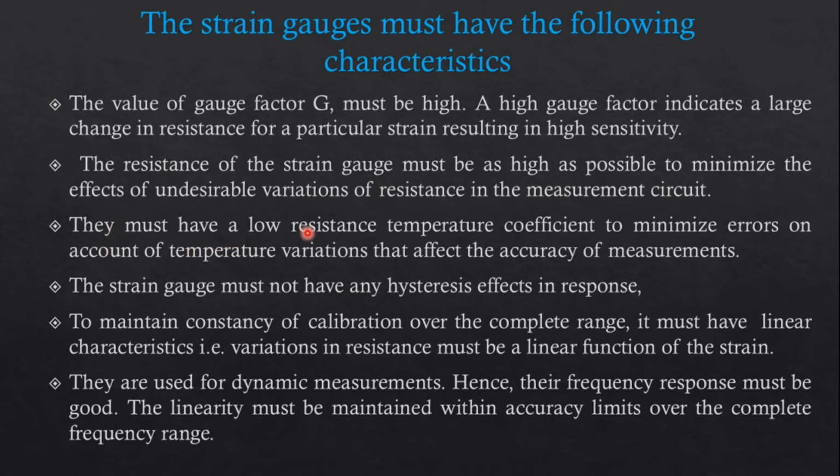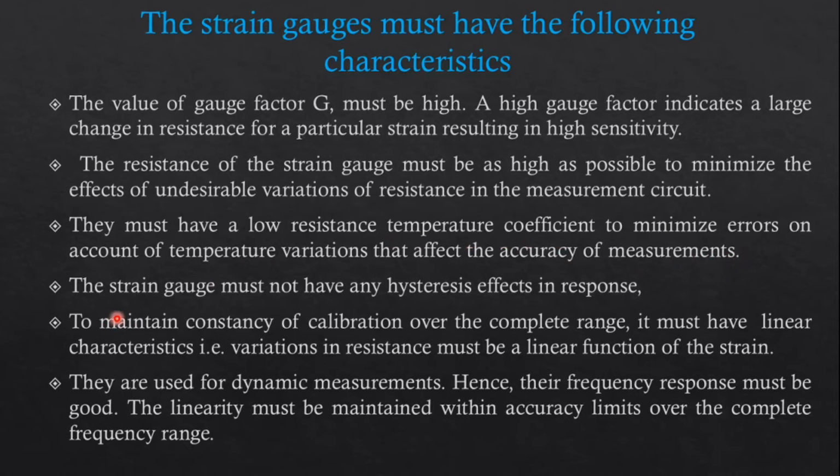They must have a low resistance temperature coefficient to minimize error on account of temperature variation that affects the accuracy of measurement. If our environment temperature changes rapidly, it is going to affect the accuracy of our strain gauge. That's why we must have a low resistance temperature coefficient.